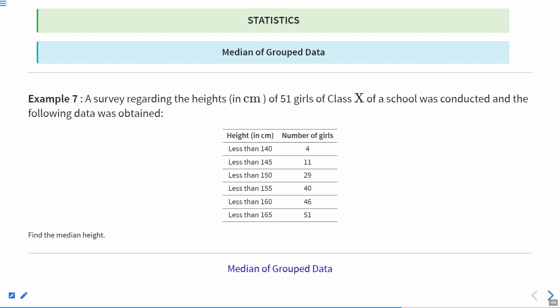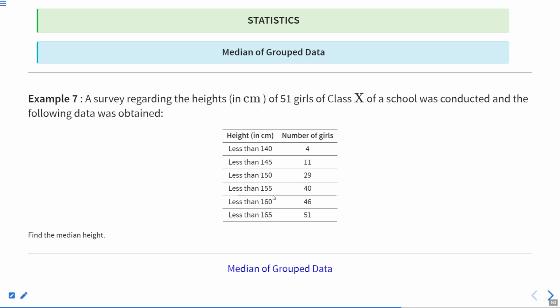Now let us discuss an example. A survey regarding the heights in centimeters of 51 girls of class 10 of a school was conducted, and the following data was obtained. When height is less than 140, the number of girls is 4. Less than 145, the number of girls is 11. Less than 150, the number of girls is 29.